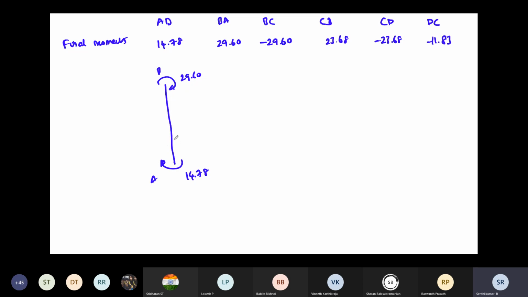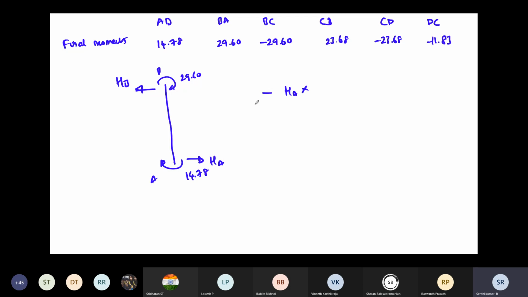So I just want to find out what is my HA and HB. This is clockwise, so surely the reaction will be anti-clockwise. I'm just assuming directly. This is HB, this is HA. If I want to find out the horizontal reaction HA, it is minus HA into this length.